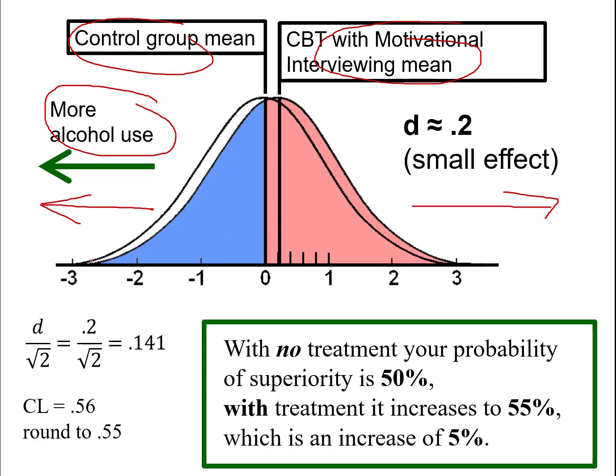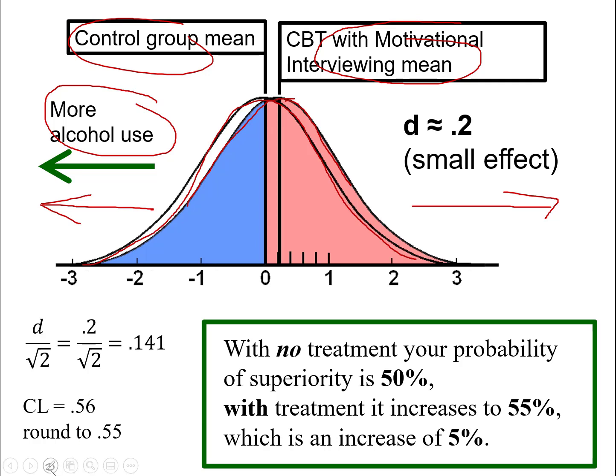The bell-shaped curve on the left is the curve for our control group, showing their alcohol use levels on the outcome variable. And the bell curve on the right is the distribution of alcohol use levels for our treatment group. You see these two bell-shaped curves are almost entirely overlapping at this point.